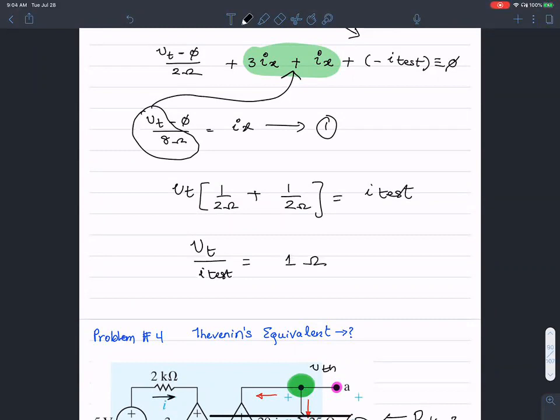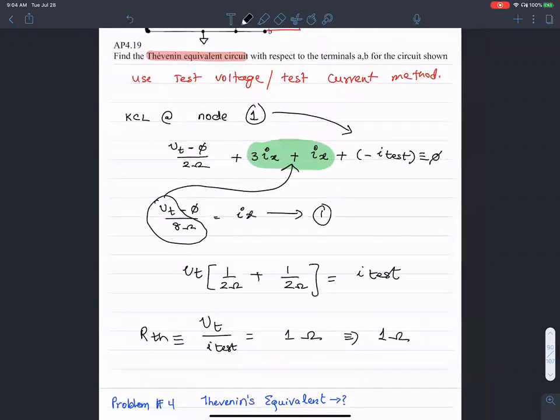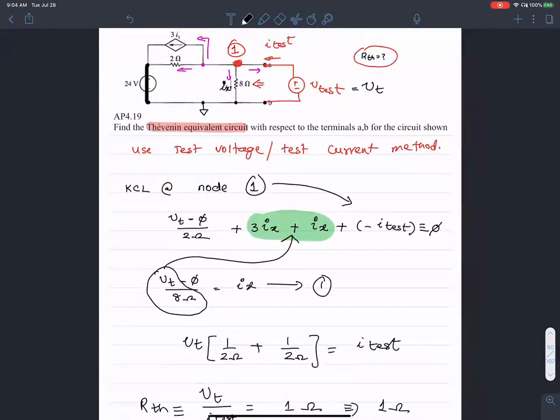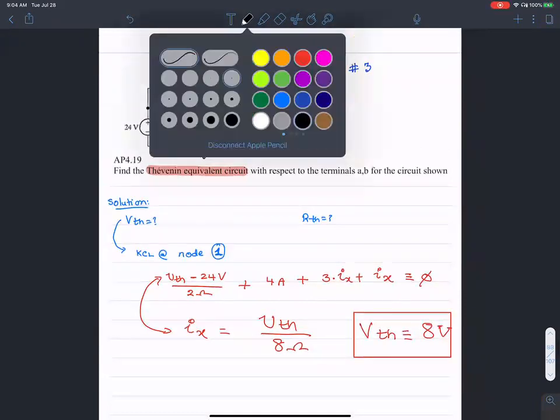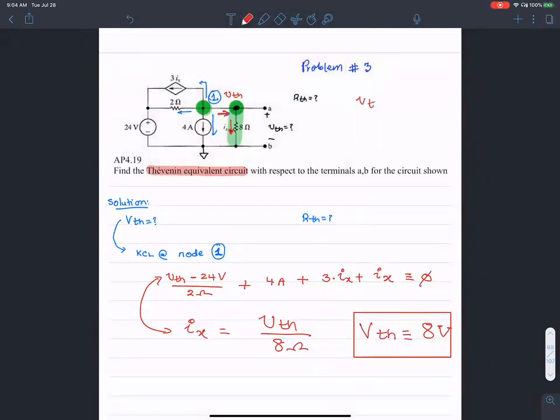Therefore the Thevenin's equivalent resistance, RTH, that's the definition, right? RTH is V test over I test, which has come out to be 1 ohm. Now if I go back to the problem, I found V Thevenin to be 8 volts and R Thevenin to be 1 ohm.